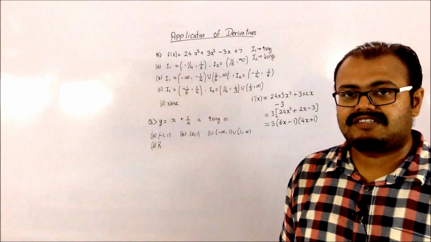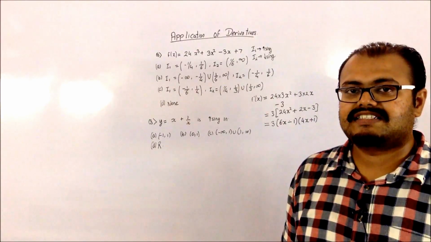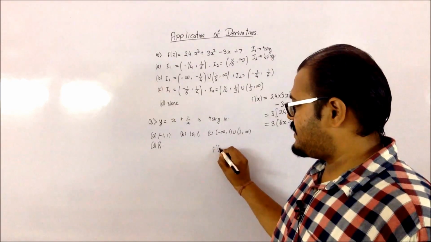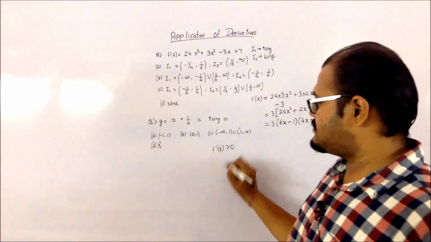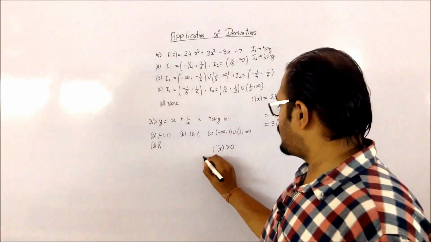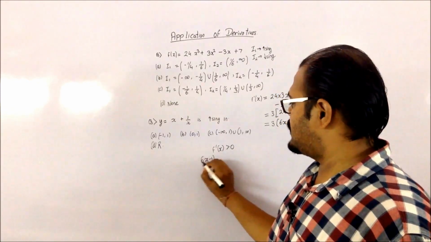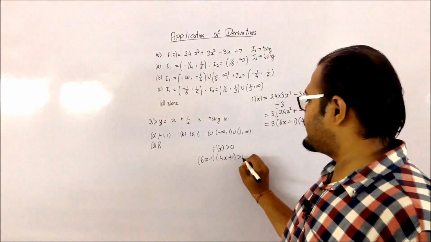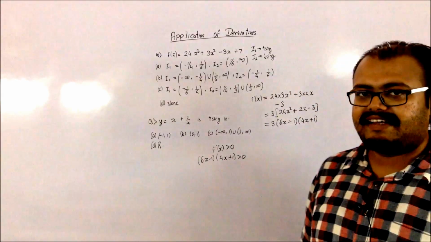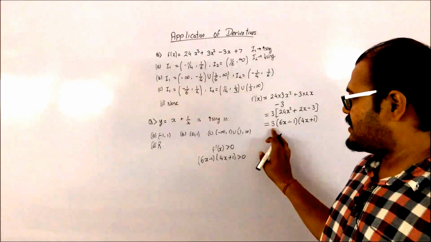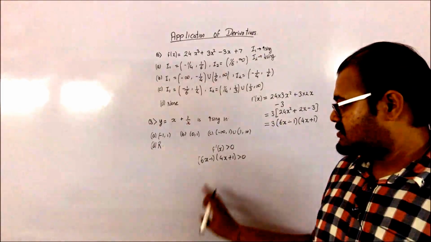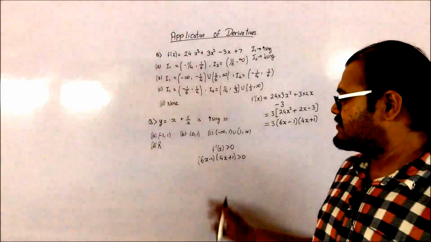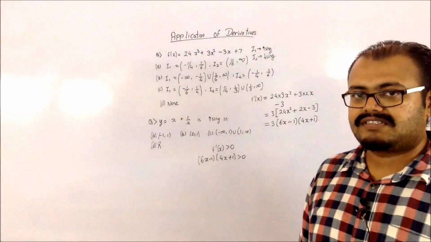Now I have to check the condition for the increasing function and the decreasing function. If I want my function to increase, then f dash of x should be greater than 0. That means this product, 6x minus 1 into 4x plus 1, should be greater than 0. 3 is already greater than 0, so there is no need to consider it. This product will be positive when both of them are positive.